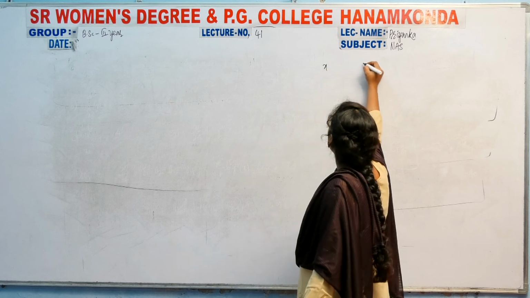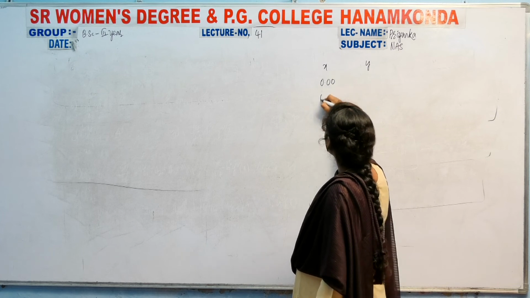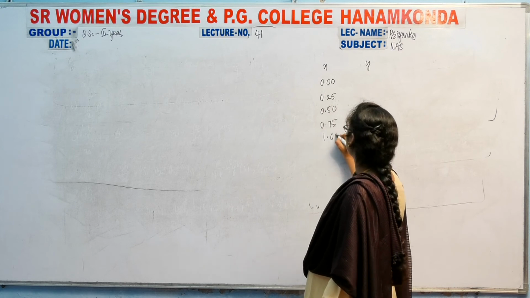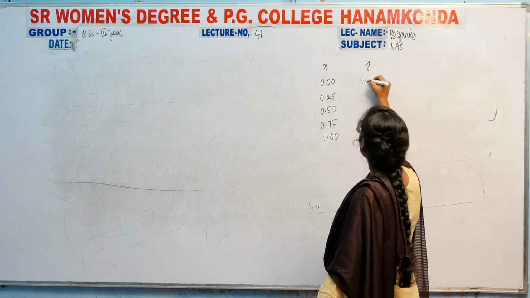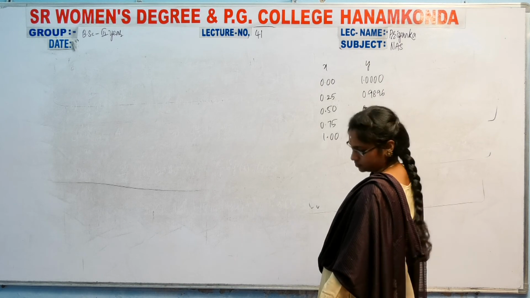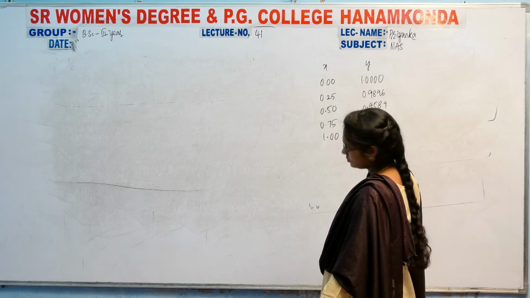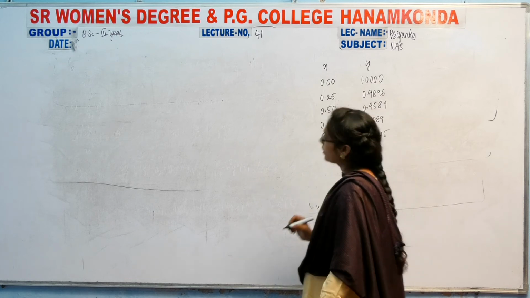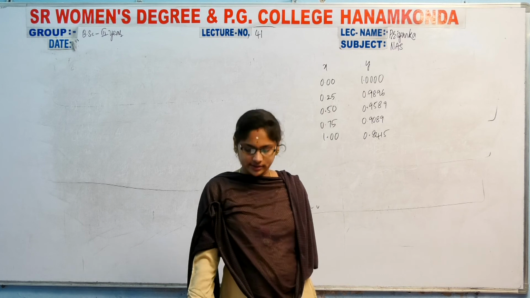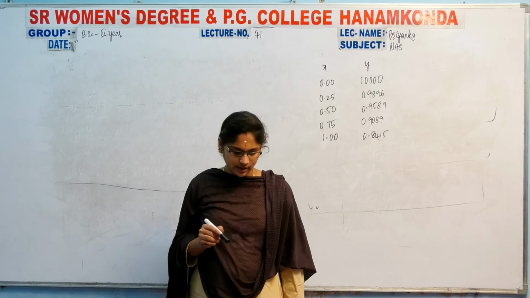I am taking the table of x, y. Of course, in the question they gave it as it is. Okay, this is the table. Estimate the volume of the solid formed. Give the answer to 3 decimal places.